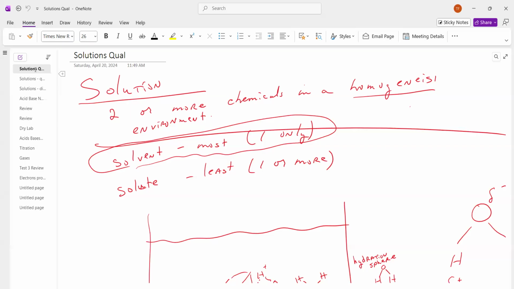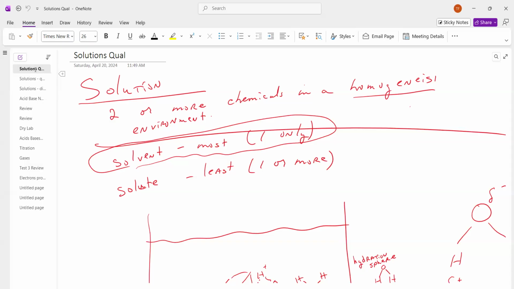So you can only have one solvent, like in the air example I gave you. That's going to be nitrogen, the solvent. The solutes are going to be oxygen, carbon dioxide, hopefully no carbon monoxide. Those would be solutes because they're less than the solvent. And you can have more than one solute, but one solvent.